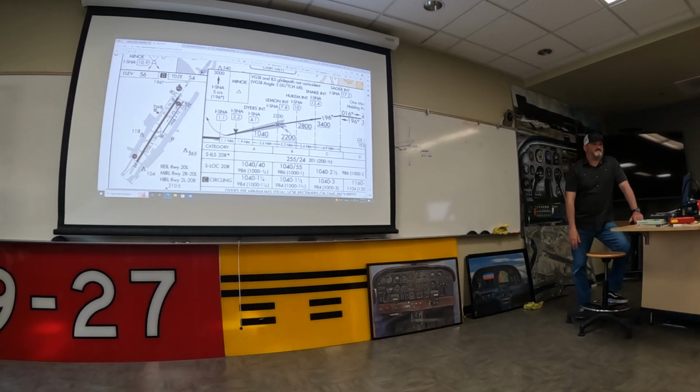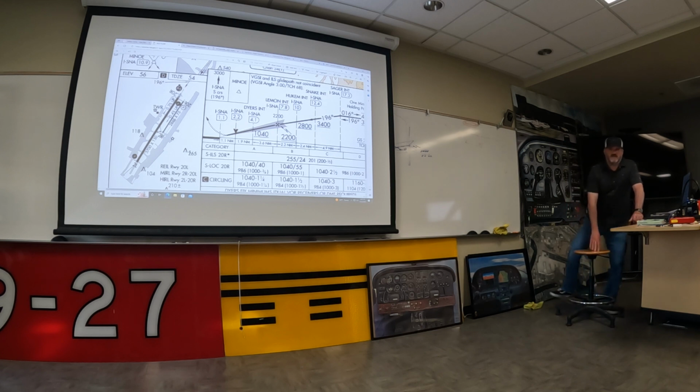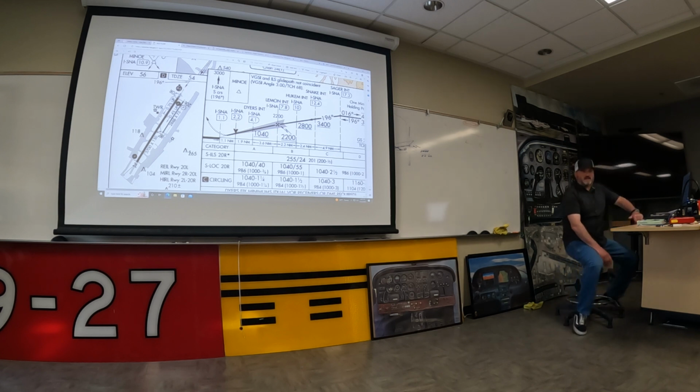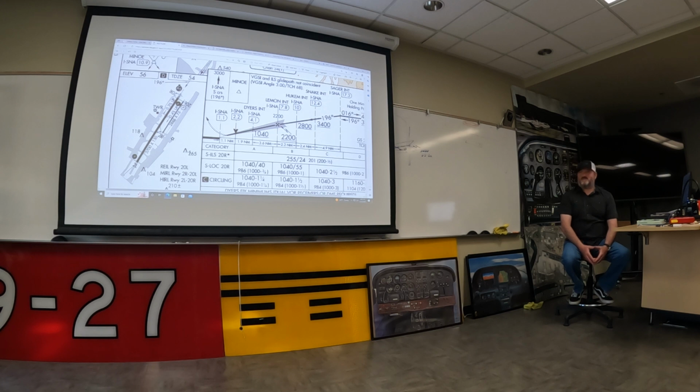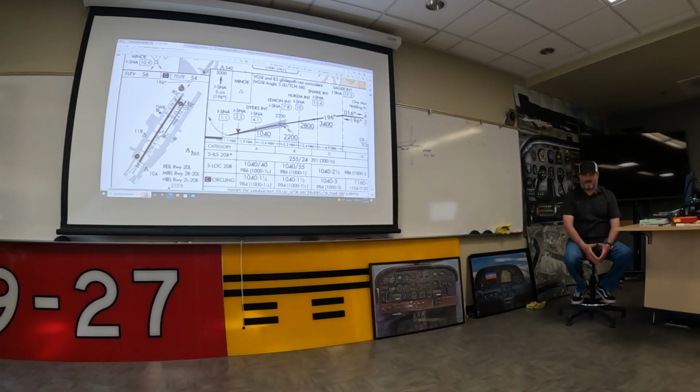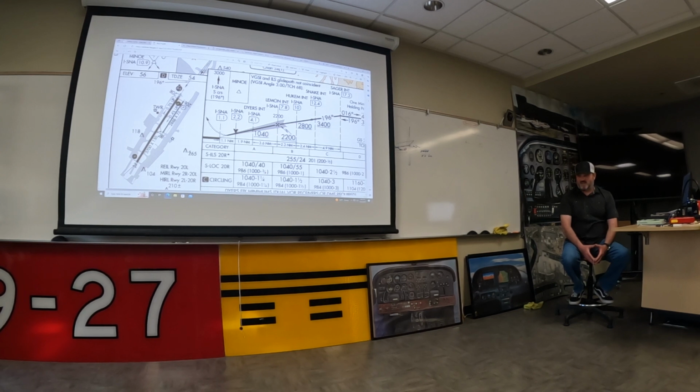Pretty cool. Yeah, the quality and quantity of the instruments and the crew. The quality of the equipment on board. They've been doing that since the 60s. I don't know if there's really too many small single engine GA aircraft that are equipped for category 3 approaches.